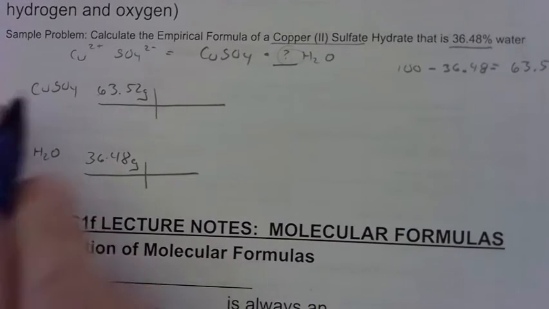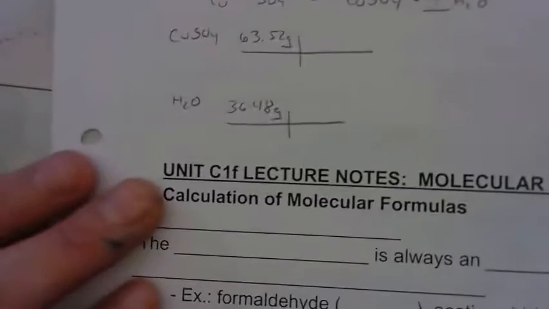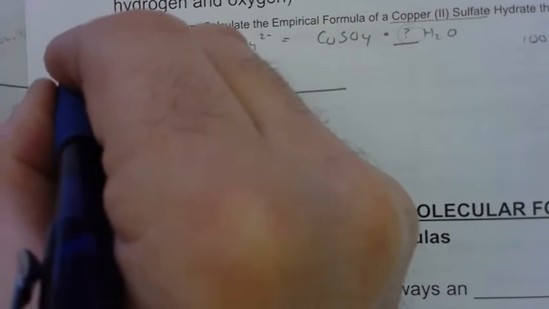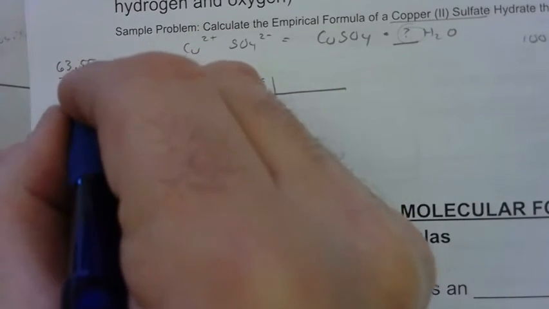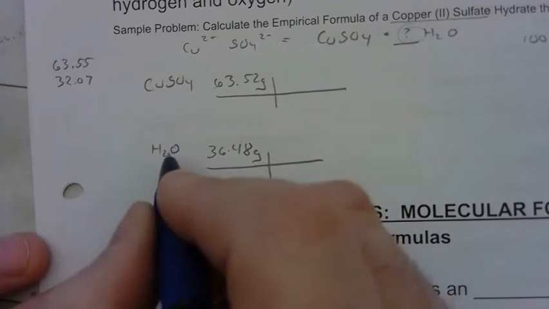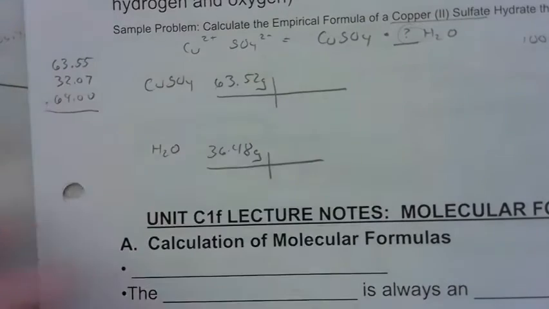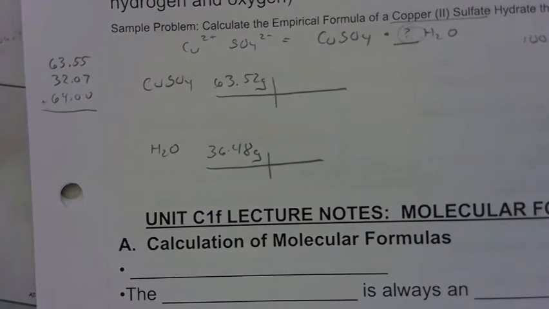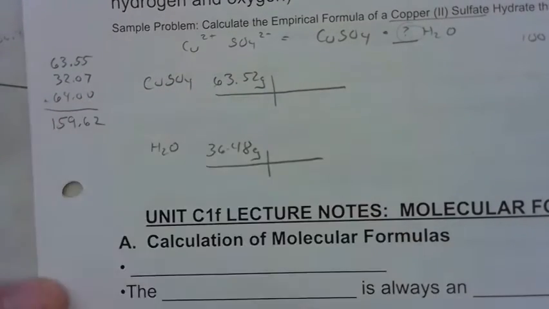Now we need to have the molar mass of CuSO4. So off to the side here, I know I have one copper at 63.55. I have a sulfur, which is 32.07. And I have 4 oxygens, each one is 16, so 4 of them are 64. I add it all up, and I get a molar mass of 159.62.